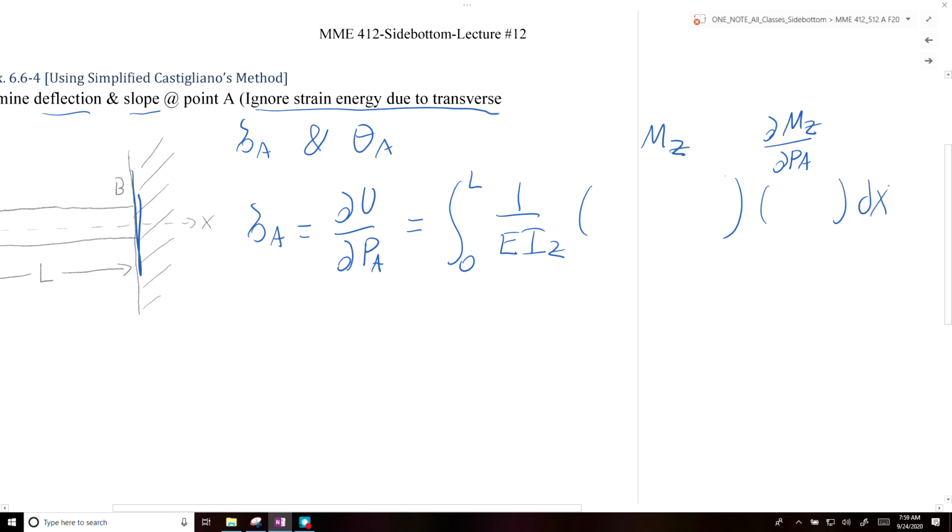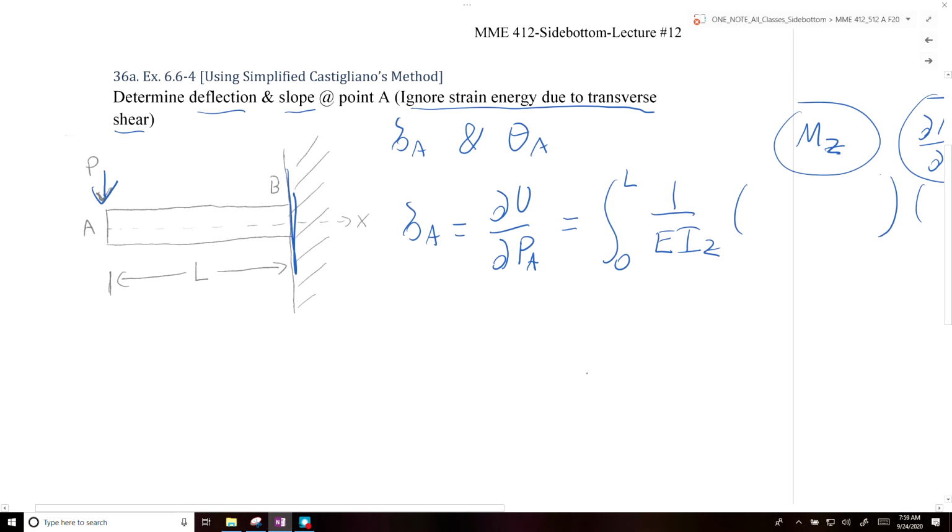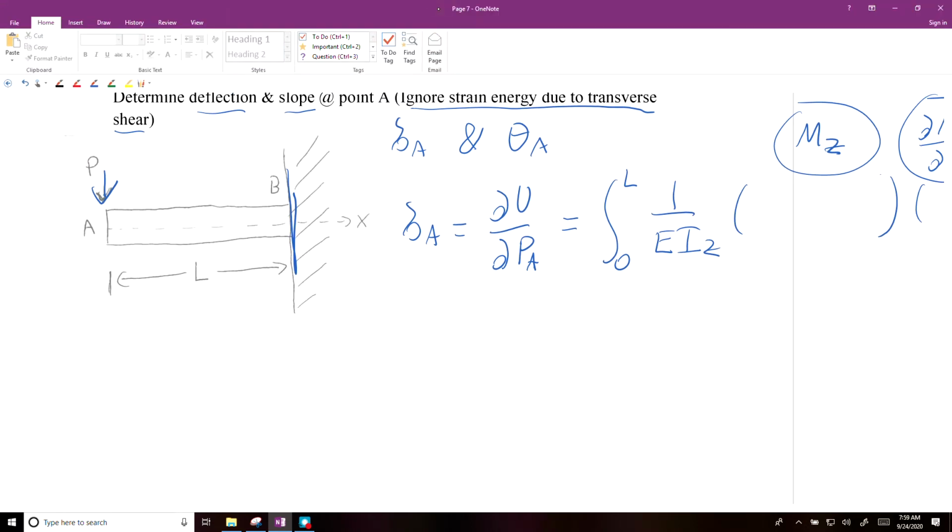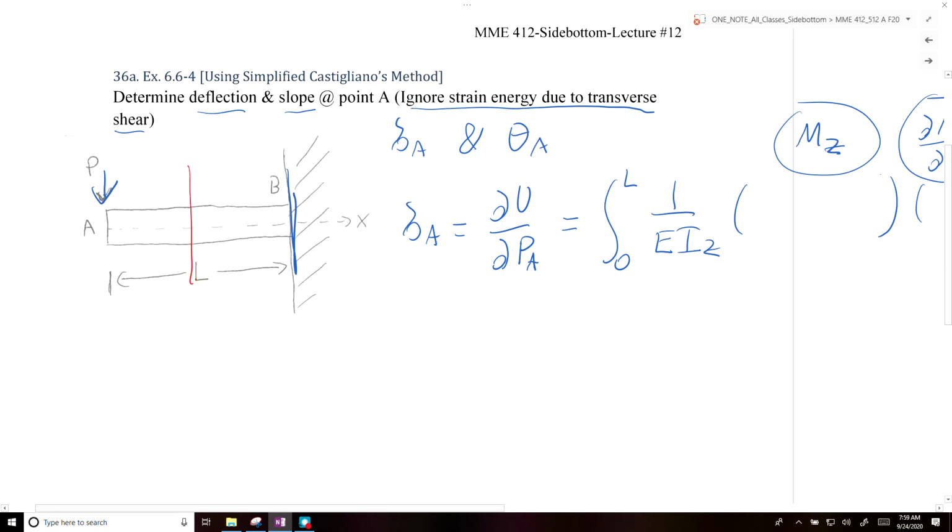Okay, so in order to apply it, we need to first determine our moment Mz as a function of x. To determine that moment, we can take a section cut at any point x, and we can apply our internal forces: our moment about the z-axis, M of x, and our internal shear force V of x. All right.